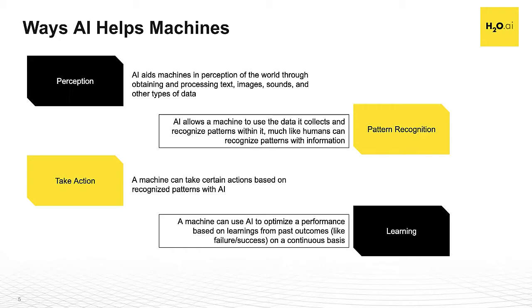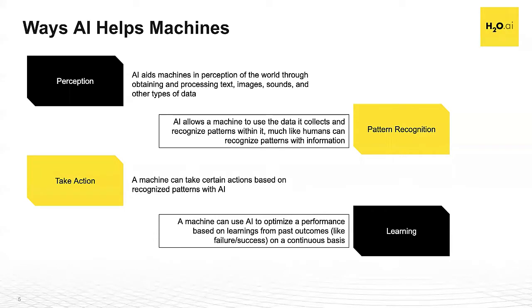We also talked about how machines can be really good at recognizing patterns with data. That really does sum up a lot of what machine learning does. We do want AI to help machines be able to take some sort of action. So learning from those patterns and then being able to make a decision one way or another, or from a set of possible decisions, taking some sort of action.